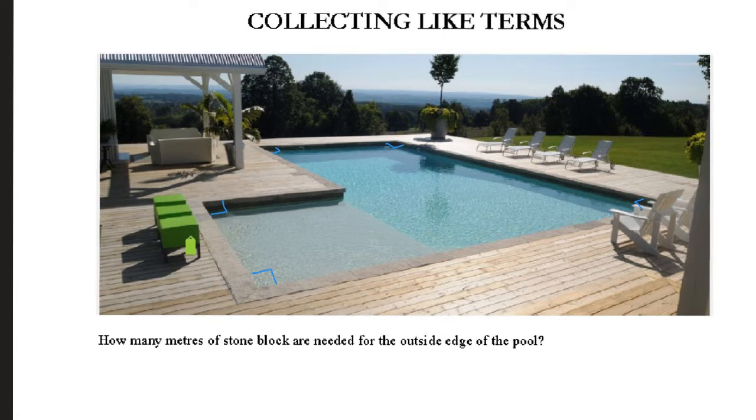Okay, we're back. So, at the very least, we could have come up with something like this. We could have said that maybe this side was A, and this side was B, and this side was C, and this side was D, and this one was E, and this one was F. And so at the very least, we could have said that A plus B plus C plus D plus E plus F represents the number of meters of stone block.